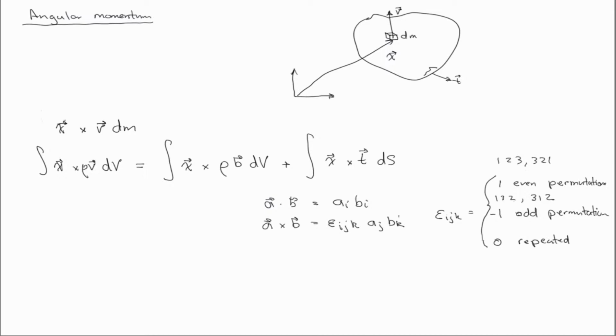An odd permutation, they would be out of order, and repeated would be any like 1, 1, 3, something like that. And so, if you worked through all the details, you plugged in, yeah. Oh, it is. You're right. So that's not a good example. What's another example? 2, 1, 3. There you go. Thank you.